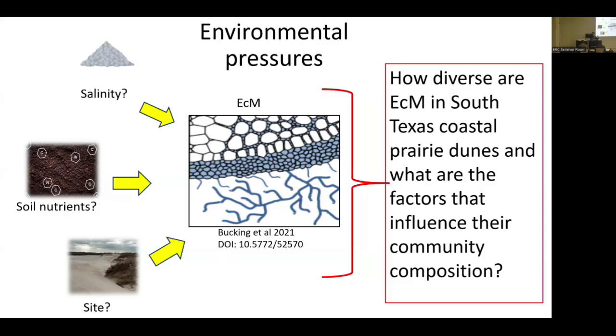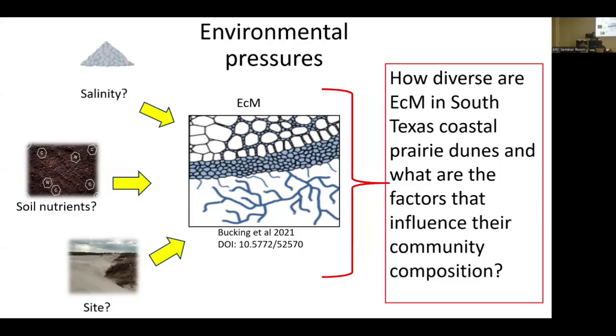So what I aim to uncover is how diverse ectomycorrhizae, an understudied group of fungi, are in South Texas coastal prairie dunes, and what are the factors influencing the community composition? So who are they, how diverse are they, and what are the factors shaping their communities? Perhaps it's soil nutrients, perhaps it's salinity, perhaps it's site-specific factors.